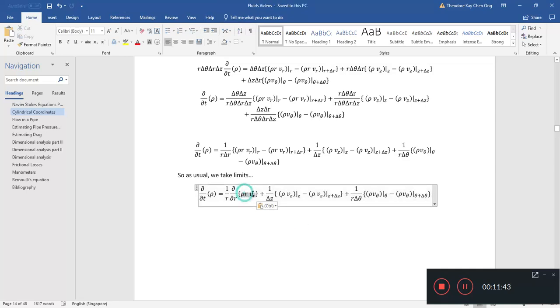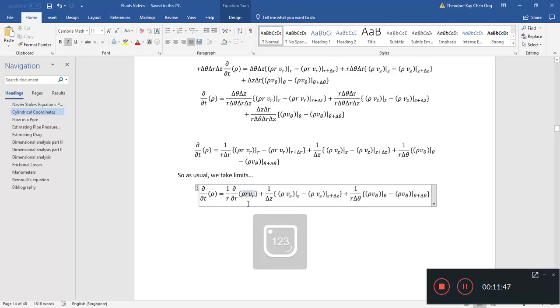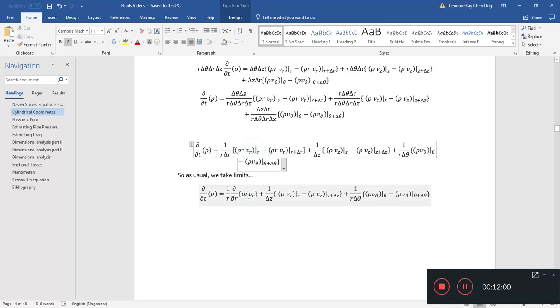Now we see where this r v_r comes from. It comes because r varies with r, obviously. So at different values of r, this r term will vary, so we can't take it out.